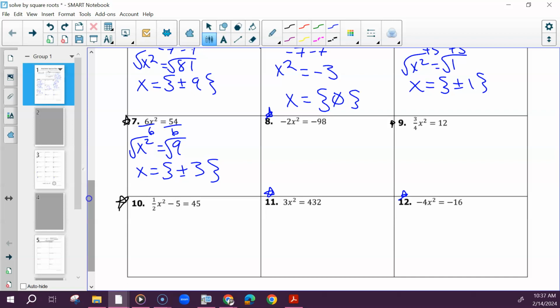Number 8, when we divide both sides, what will we get? 49. We take the square root, is that a whole number? It is 7, but plus or minus 7, both positive and negative.